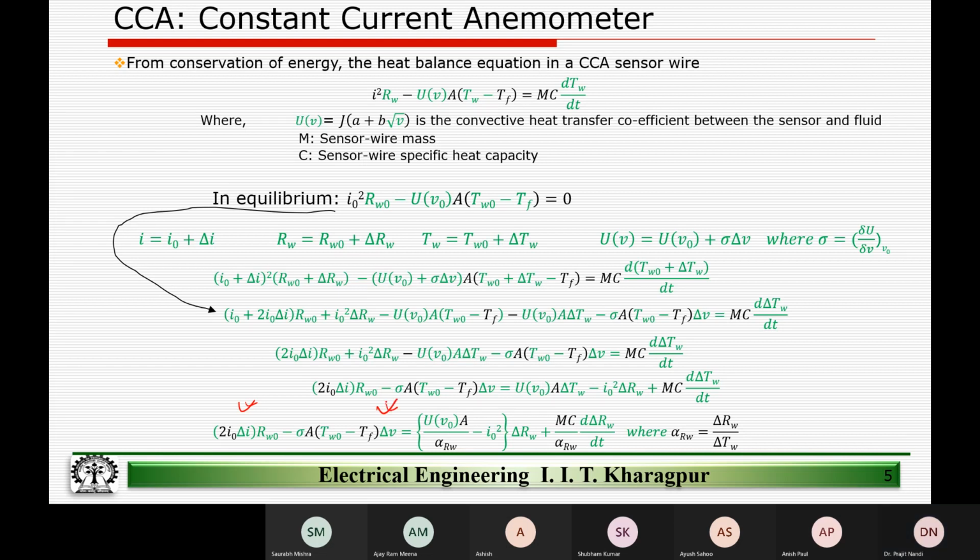Delta V, the velocity of the fluid, I'm also treating as an input variable because even though the fluid is not under our control, it is fair to assume that the velocity will keep changing. So in a way, it is an input to the system. So delta V is also an input variable. Delta R is a variable, but it is a dependent variable, right?